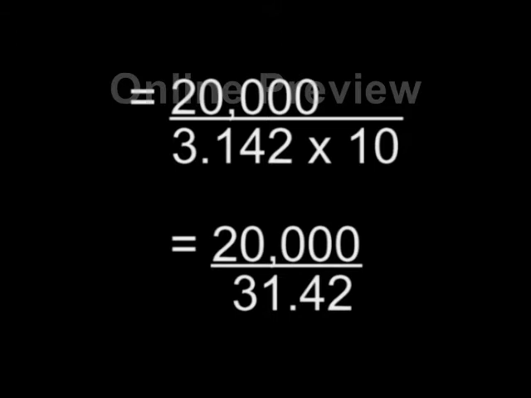We get 31.42. This divided into 20,000 is equal to 636.53. We can round this up to 637, which gives us the recommended spindle speed in revolutions per minute to which we need to set our drill.